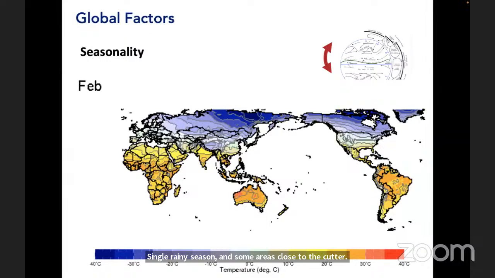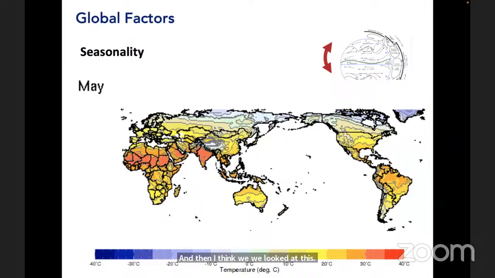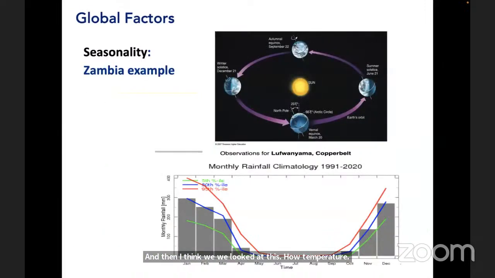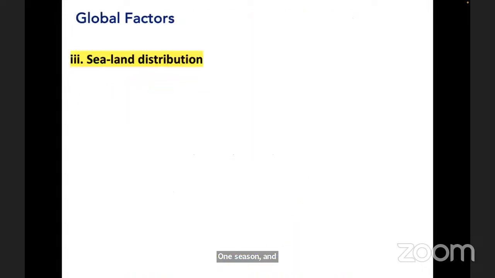And then I think we looked at how temperature and rainfall progress with the seasons. So the seasonality aspect of things: this area is Zambia having one season, and Kenya having two seasons because of proximity to the equator. This is what we covered.